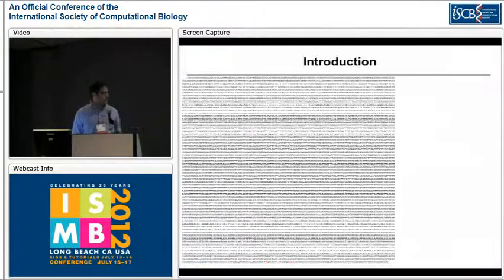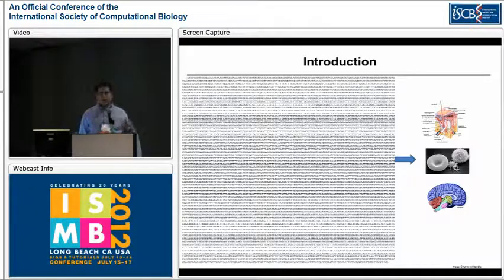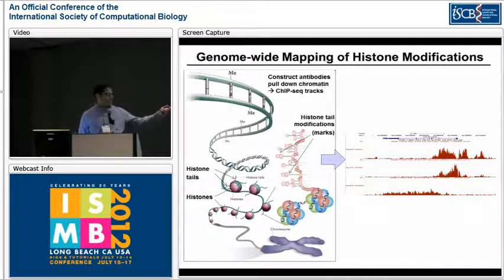So we're interested in the question of understanding the human genome sequence and how the static sequence can encode very different types of cells within the same organism, but all sharing the same static DNA sequence. And the focus of our work is epigenomics and chromatin, specifically the modifications to the histone tails around which the DNA is wrapped, forming the DNA protein complex called chromatin.